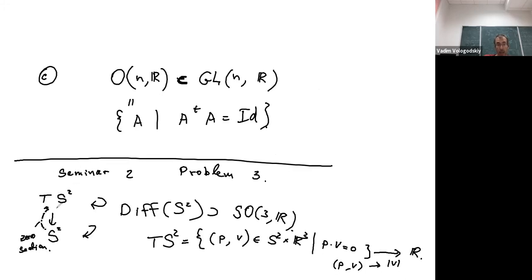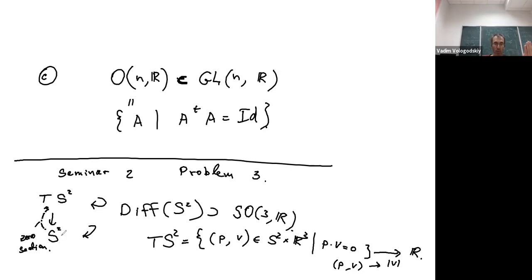In particular, it's a deformation retract of S2. It can be contracted to S2, to the zero section. From the point of view of homotopy theory, there is no difference between TS2 and S2. In particular, all invariants algebraic topology studies, like fundamental group or homology, are going to be the same for these spaces.